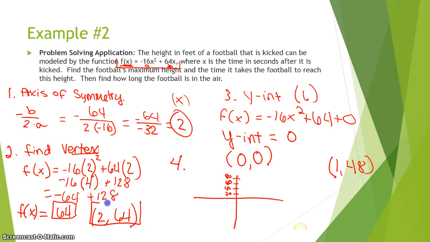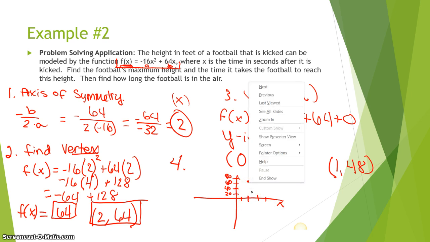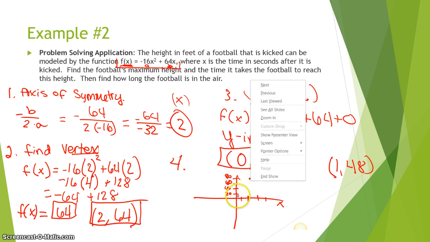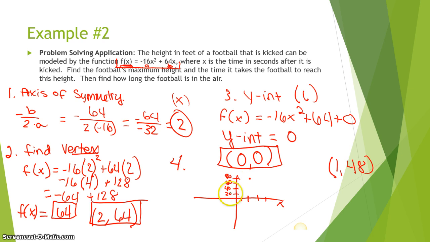My vertex is 2, 64. So I go on my x-axis to 2, I go up to 64, and I put my vertex. Notice my a is negative, so this is going to be my maximum point, but then my graph is also going to cross at this point 0, 0 based on finding my y-intercept. So here's my vertex, here's my y-intercept point.